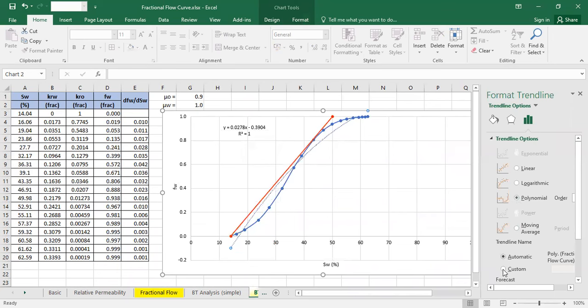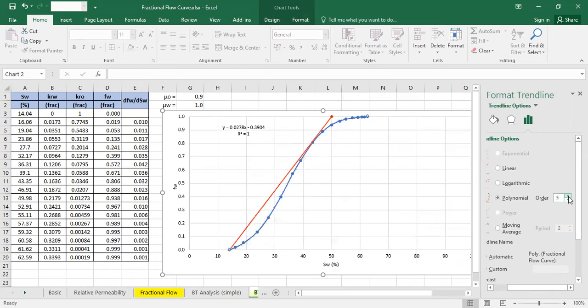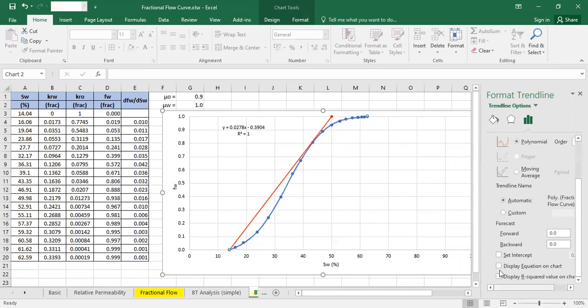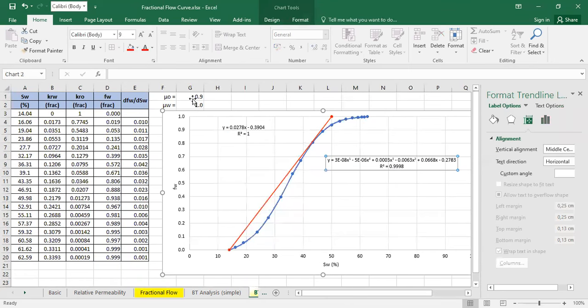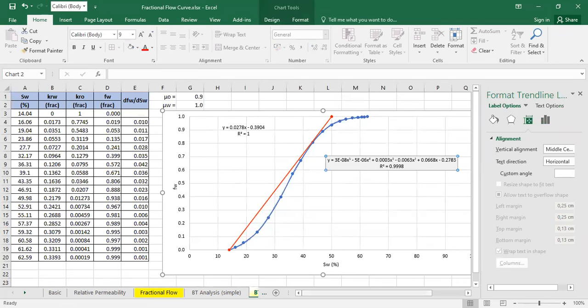Okay, and of course we will use polynomial, and let's check the order, show the display equation on chart and r square as well. So currently the r square is 0.9998.